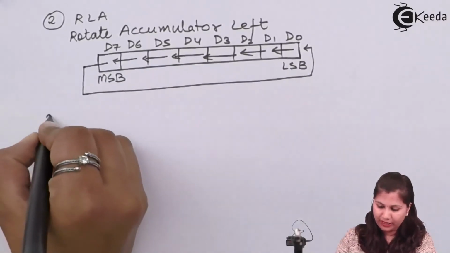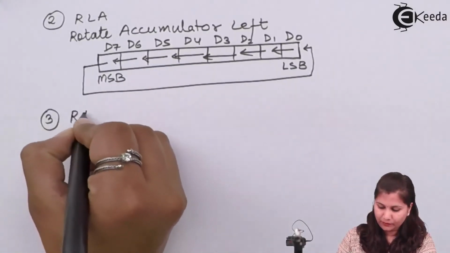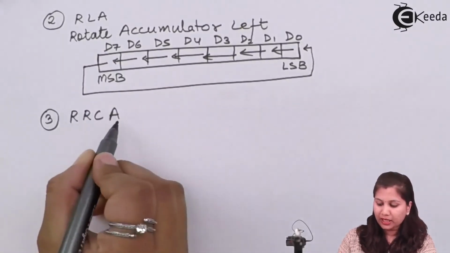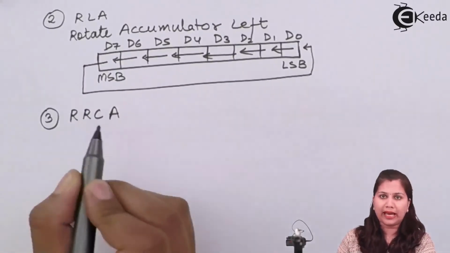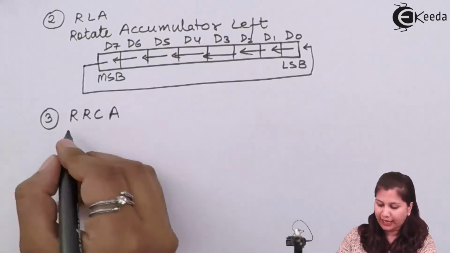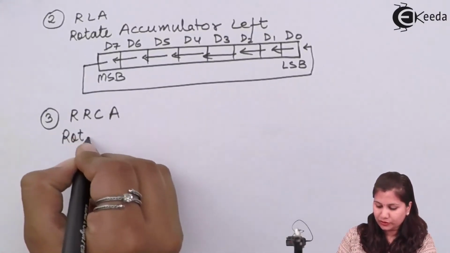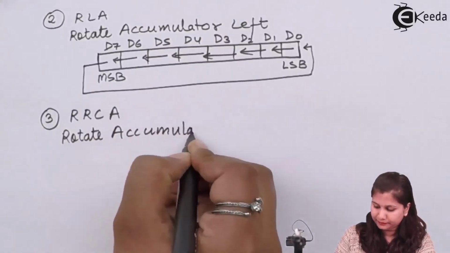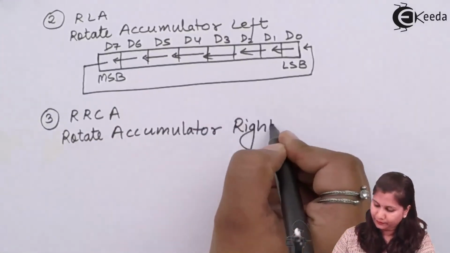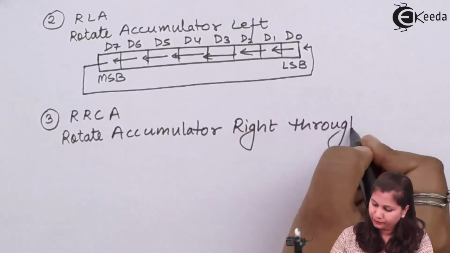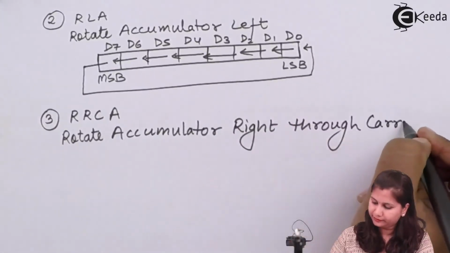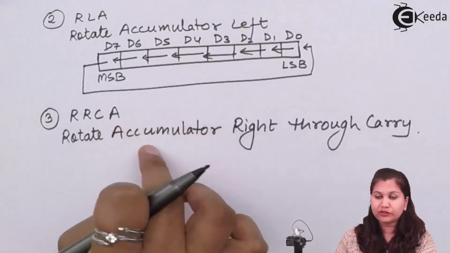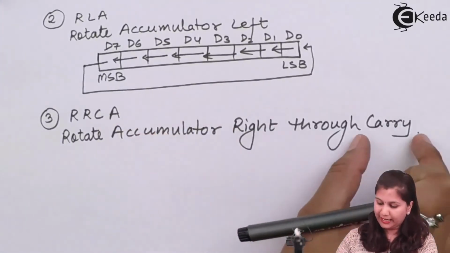The next instruction we have is RRCA. That is rotate accumulator right through carry. C stands for the carry. So this instruction becomes rotate accumulator right through carry. Here along with the contents of the accumulator, we will use the carry flag.